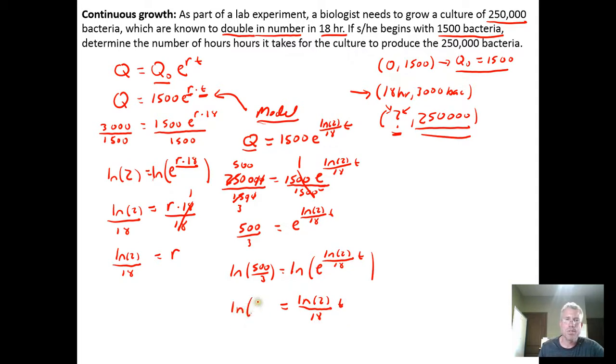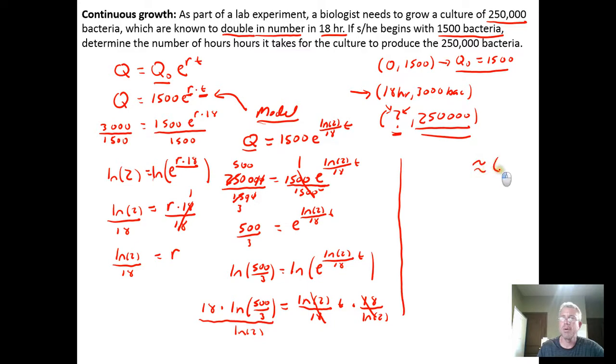And we still have the natural log of 500 over 3 on the left-hand side. To get t by itself, we'll multiply by the reciprocal of its coefficient, so multiply by 18 over the natural log of 2 on both sides. These will become a 1, so we're going to be left with time.